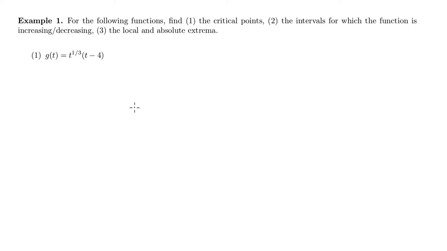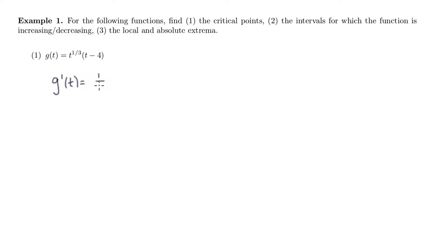So as I said before, the first step is to almost always find the critical points, or to take the derivative. And of course, that's what number 1 is. We want to find the critical points. We want to find those points that are potentially local extrema. So what is g prime of t? Now, this is a product of functions.